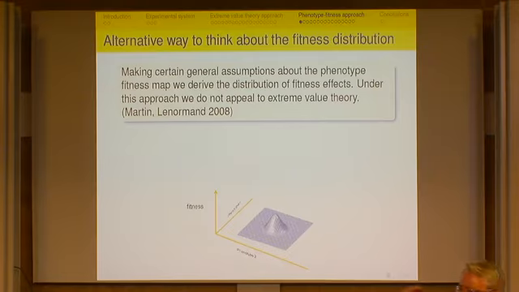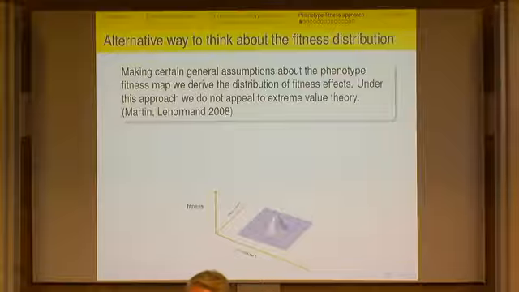So each one of these mutations occurs and it sweeps through the population. And let's suppose that that mutation affects a certain number of phenotypes and has a phenotypic trait value, and that trait value determines what the fitness is. So that's our theoretical framework.